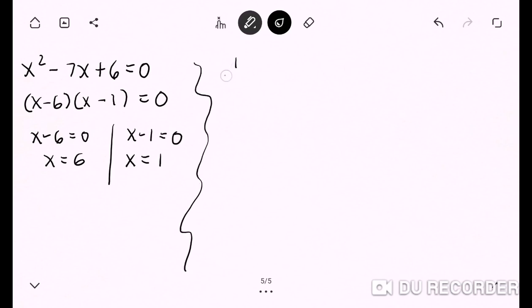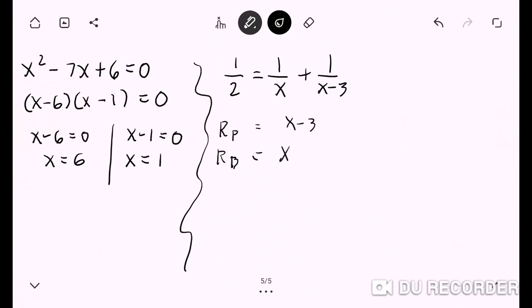So, we have 1 over 2 equals 1 over x plus 1 over x minus 3. So, ang rate of work ni Popoy, sabi natin ay x minus 3. And then, ang rate of work ni Basha ay x.